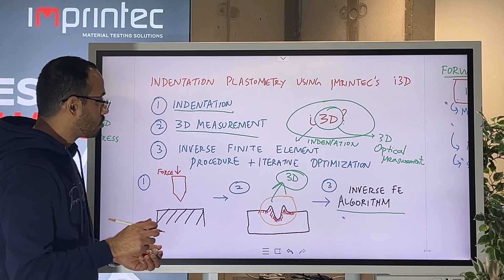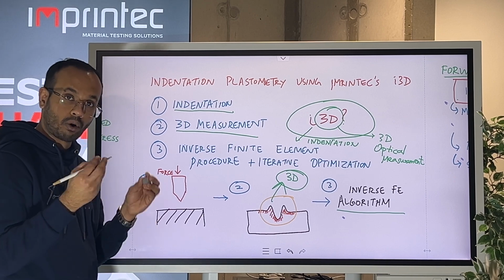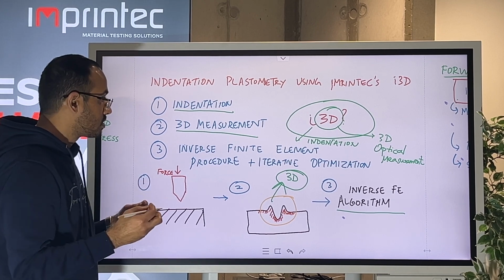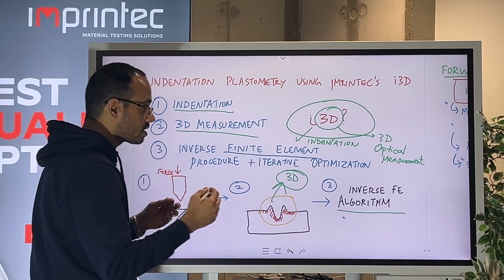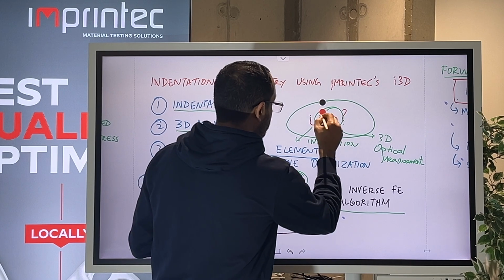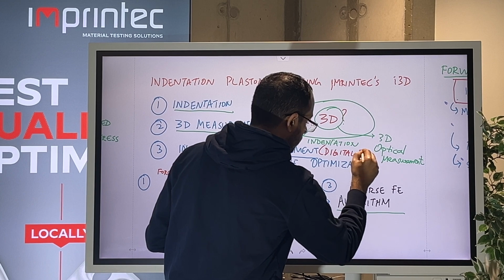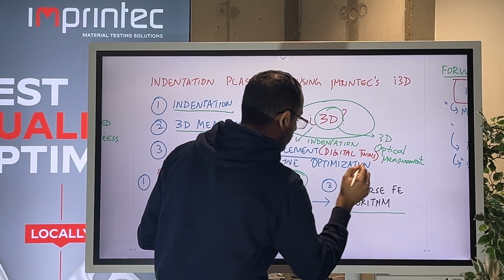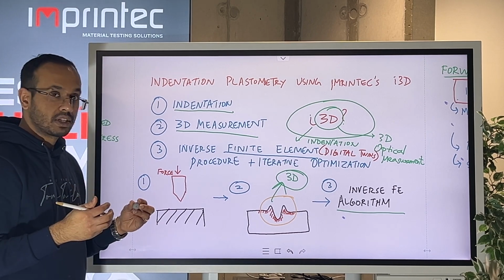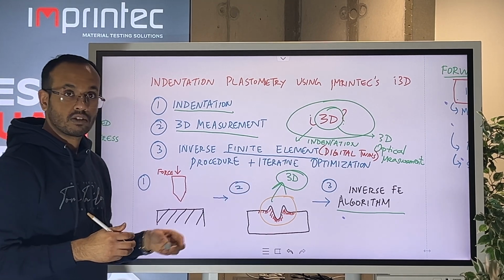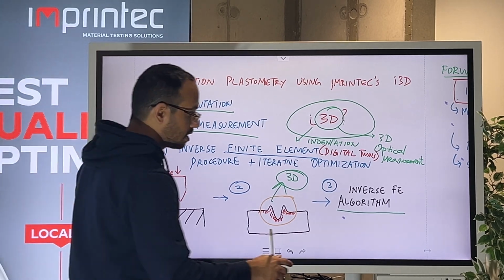Similarly, we are able to create the same procedure using computer models, what we call finite element simulations. We create digital twins. Now, using these digital twins in combination with an iterative optimization algorithm, we are able to determine mechanical properties.